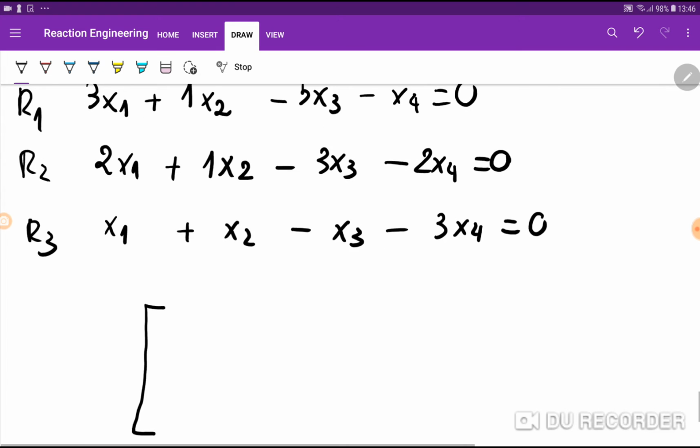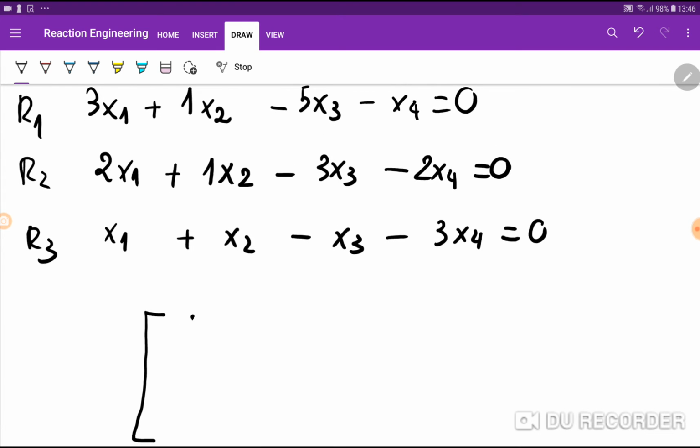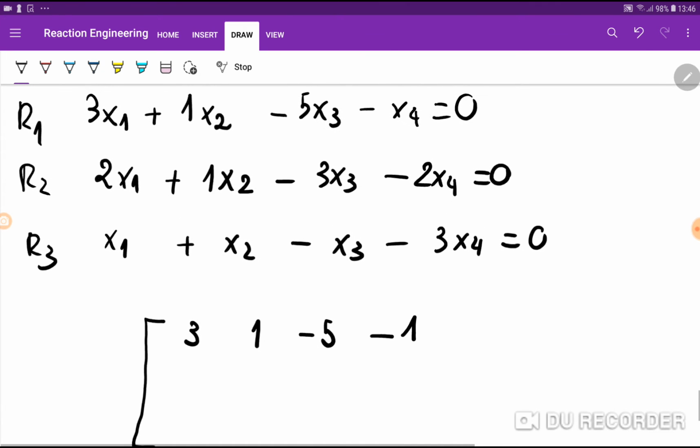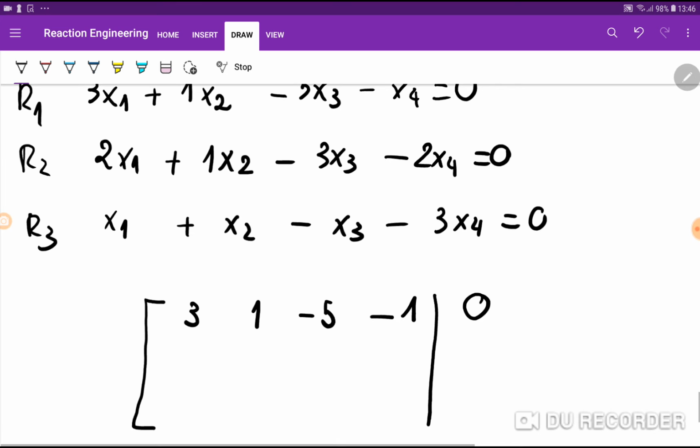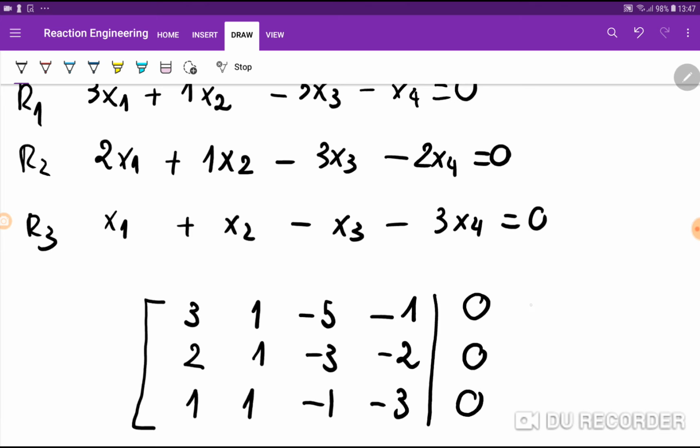So it would be 3, 1, negative 5, negative 1, and then you write all this equals 0. The second row is 2, 1, negative 3, negative 2, 0. The third row is 1, 1, negative 1, negative 3, 0.